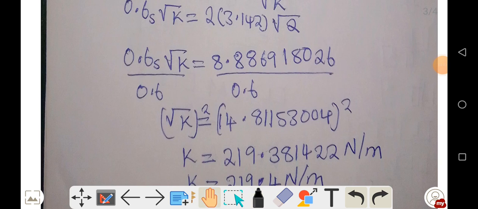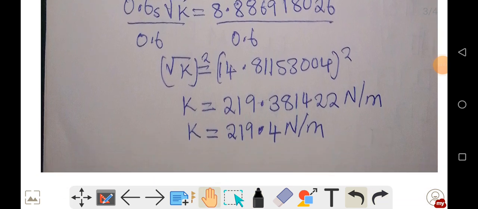When we do that, we find our k, or spring constant, to be 219.381422 newtons per meter, which we have written in 4 significant figures to be 219.4 newtons per meter.